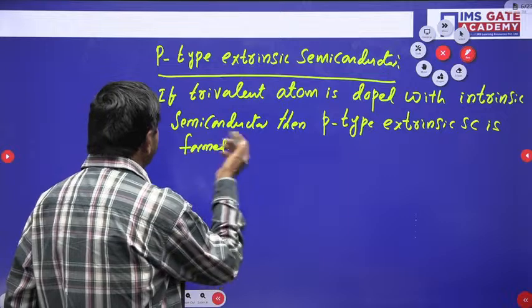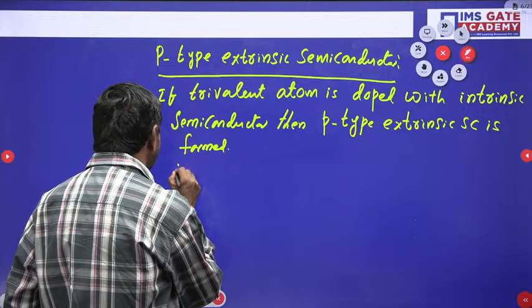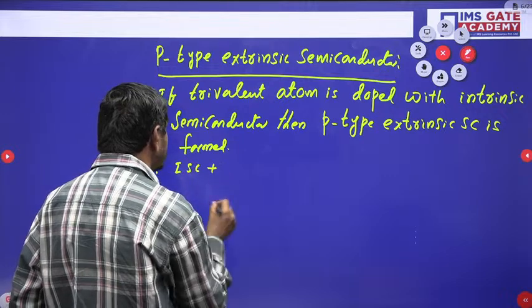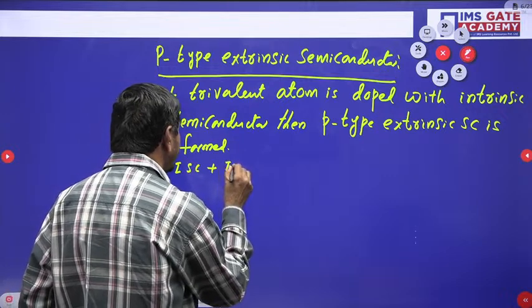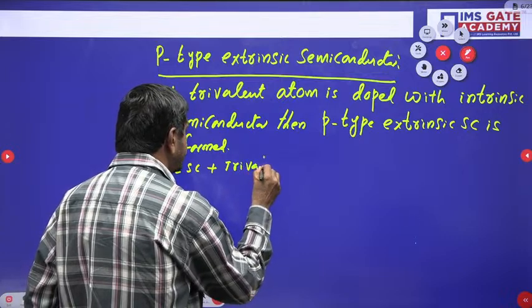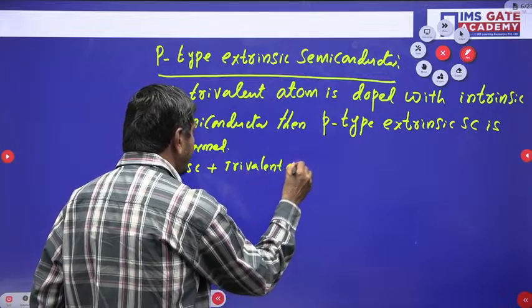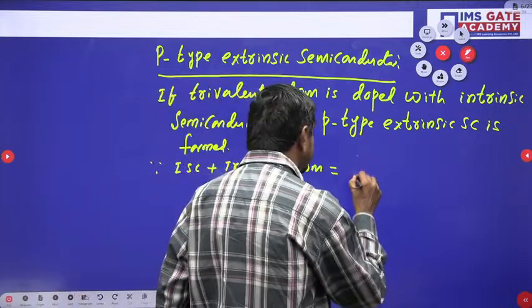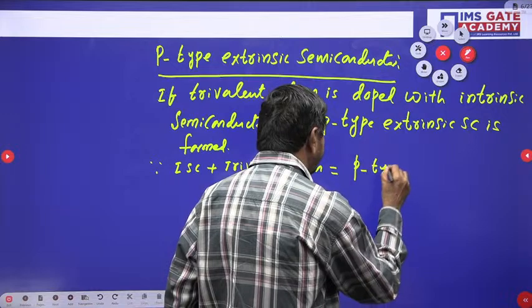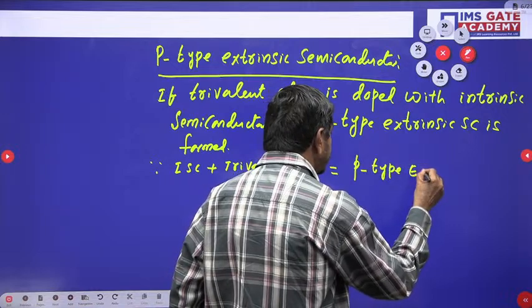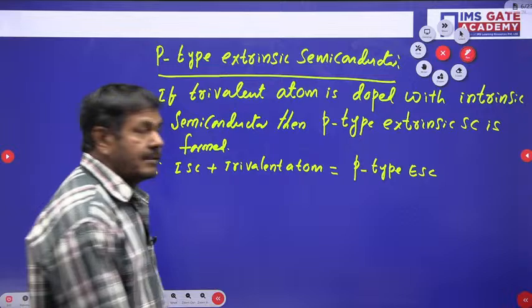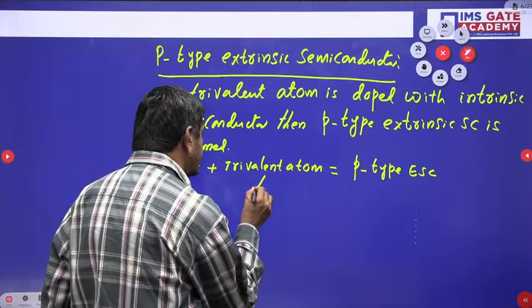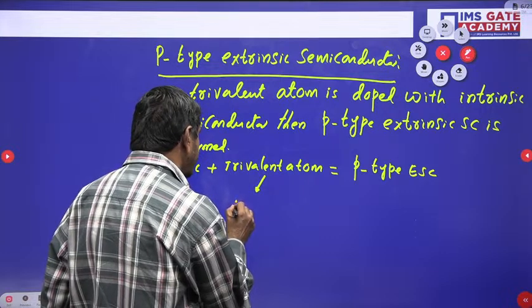Simply, I can write here: an intrinsic semiconductor is doped with a trivalent atom. Then only it forms a p-type extrinsic semiconductor. The trivalent atom, as I said, contains 3 valence electrons.